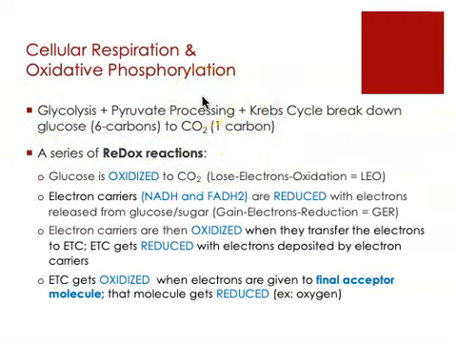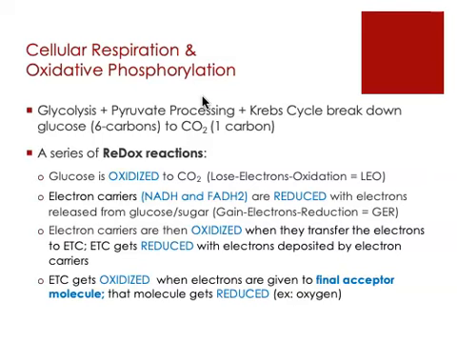And that breaking down is bond by bond by bond in a series of redox reactions. Remember, we said Leo goes grr, and that means to us that the molecule that loses electrons is getting oxidized, and the one that's gaining electrons is getting reduced.